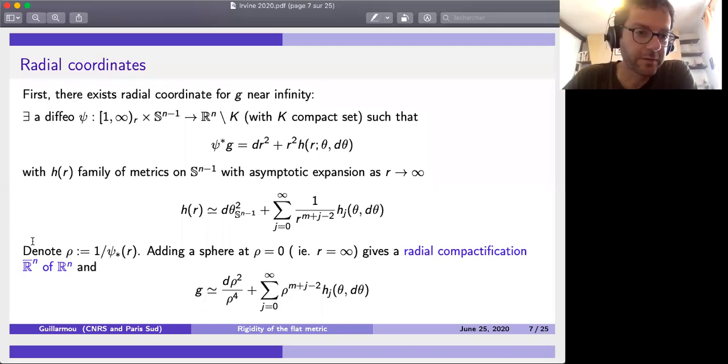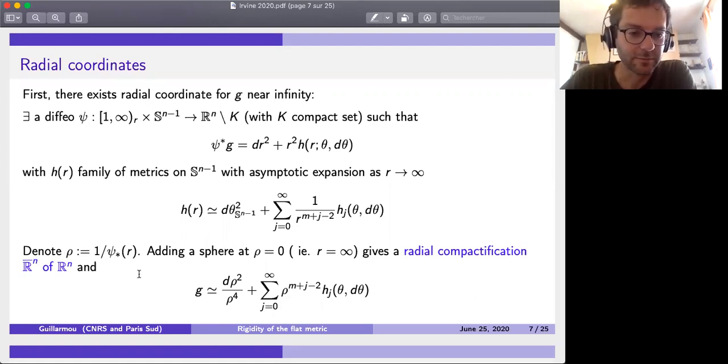So for convenience, we like to view the problem in terms of a compactification. It's not really necessary, but it simplifies quite a bit, because having a full expansion at infinity, if you compactify the problem, you can translate it into smoothness on the compact manifold with boundary, which is a bit convenient. Then you work with smooth functions.